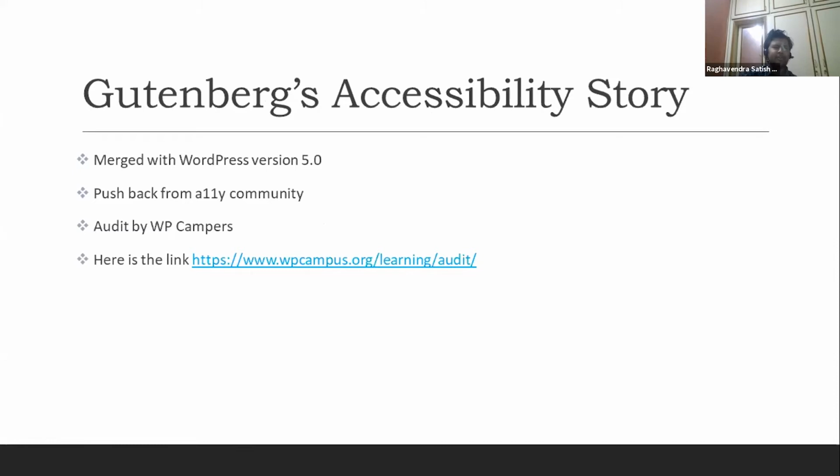We all know the Gutenberg accessibility story: it was merged with 5.0. There was a lot of pushback from the accessibility community. A lot of accessibility professionals and the wider community said that it should not be merged with 5.0 because it's not mature. There were a lot of articles on the web saying that accessibility was not considered from the start of the design.